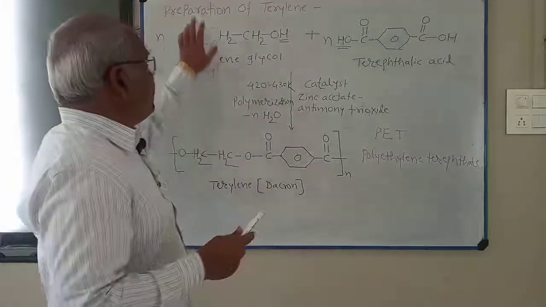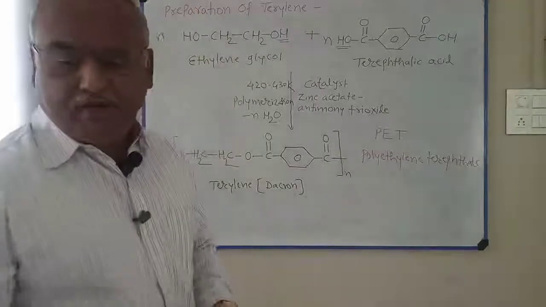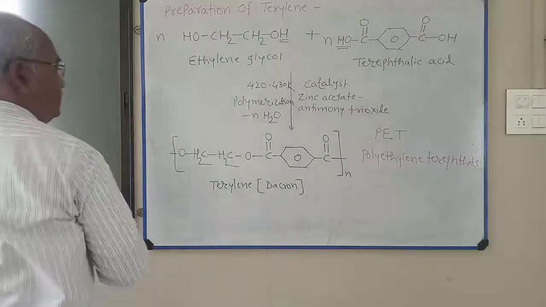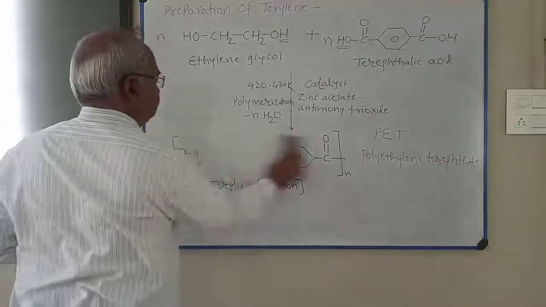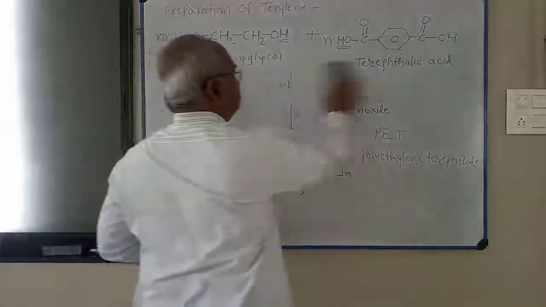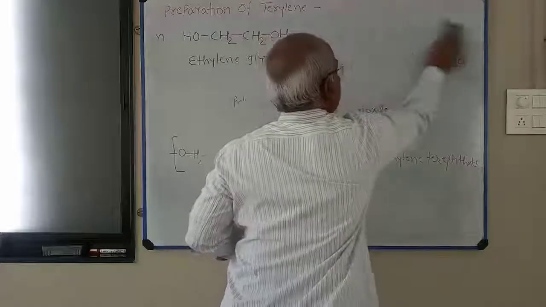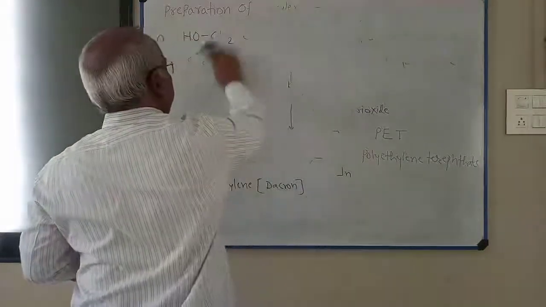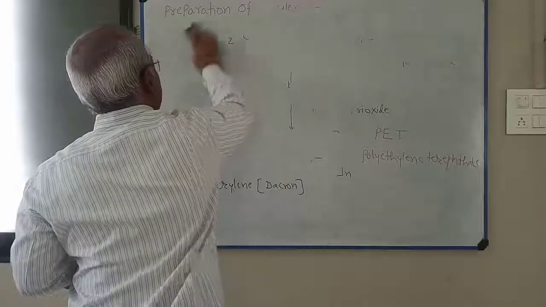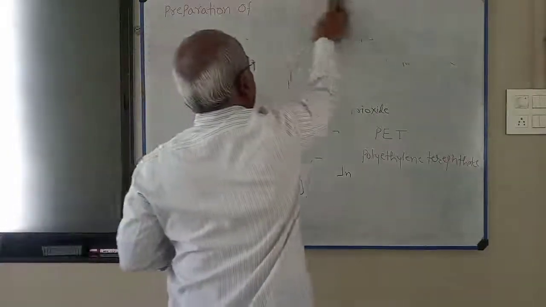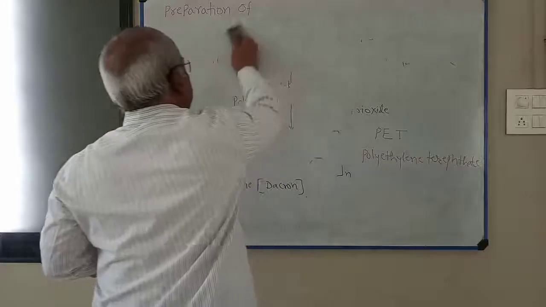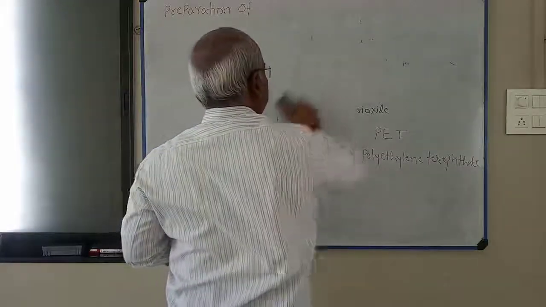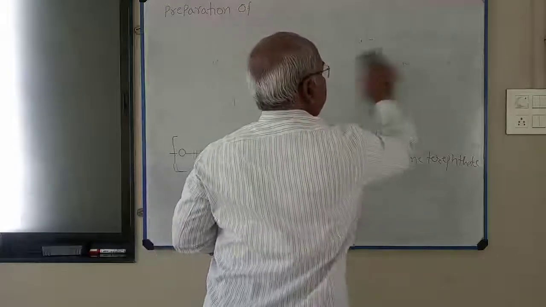So this is about preparation of terylene. If it is clear, I explain the next polymer. The next polymer that we are going to study is Buna S rubber.